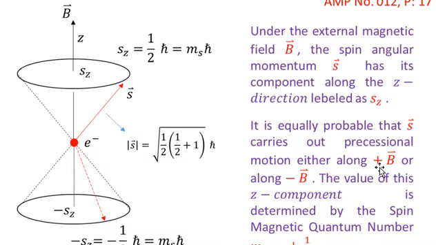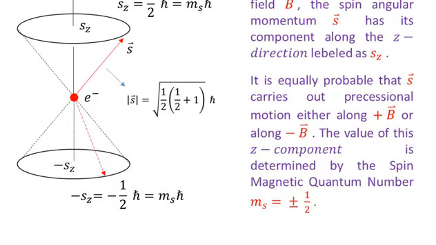If it is carrying out the precessional motion about the plus B direction, as shown by the solid vector S, the dotted vector S shown will carry out the precessional motion about the minus B direction. The value of this Z component is determined by the spin magnetic quantum number, and the spin magnetic quantum number will have only two values, ms is equal to plus minus half, because it is equally probable that ms can have its value plus half or minus half.